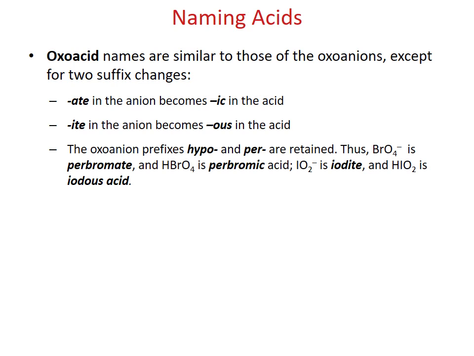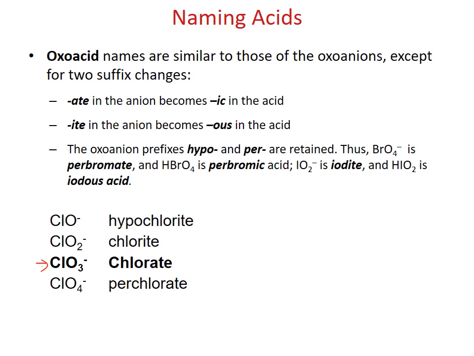Sometimes acids contain a polyatomic ion. For example, here is a list of polyatomic ions. As we explained before, these ions are based on this one, ClO3-, which is called chlorate, note ATE. When you have one more oxygen, it's called perchlorate.